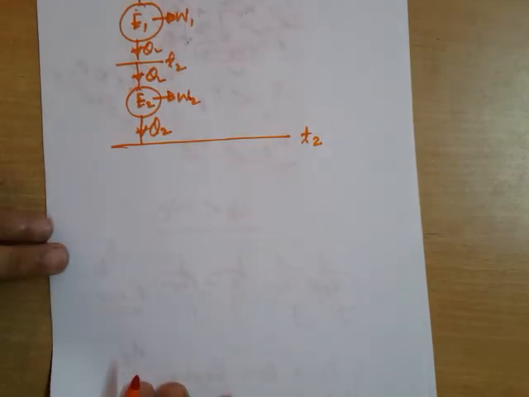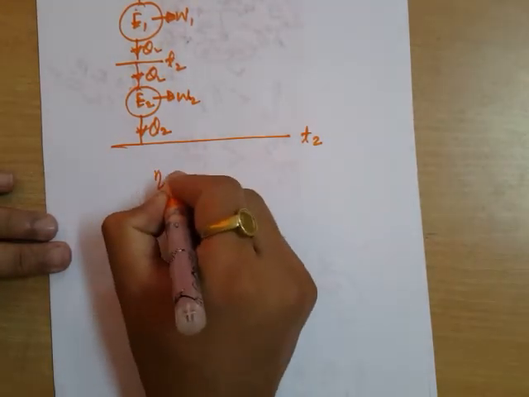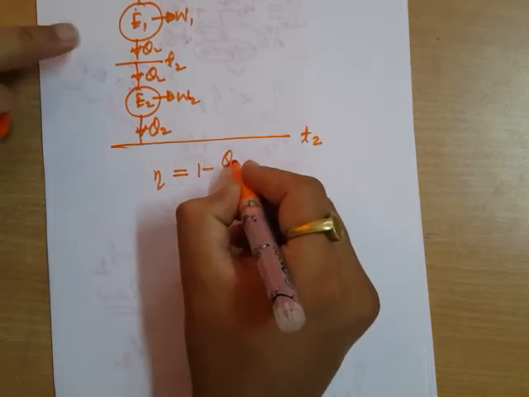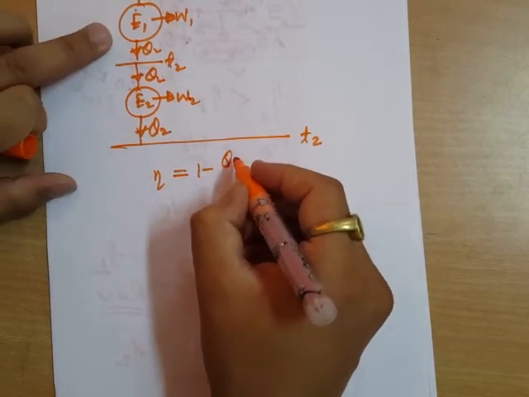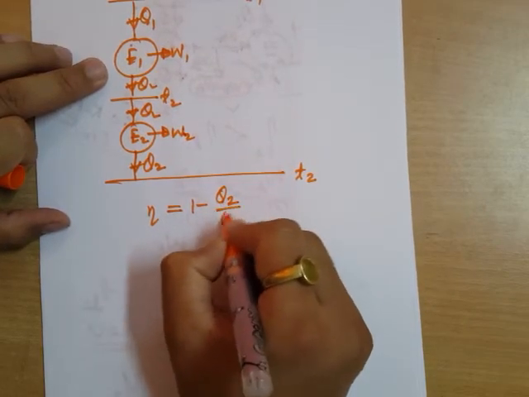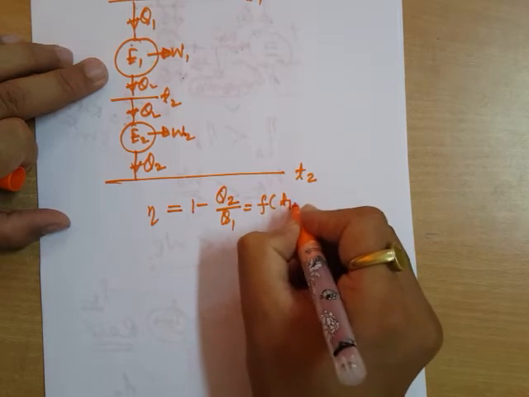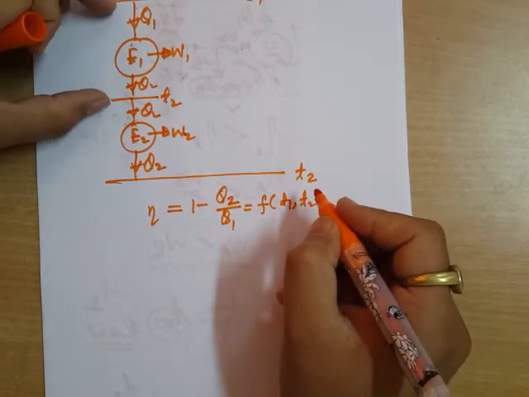So just now we saw that the efficiency of an engine, if I consider engine number 1, is 1 minus Q2 divided by Q1, and this efficiency will be a function of T1 and T2, that is the temperature limits on which this engine is working.